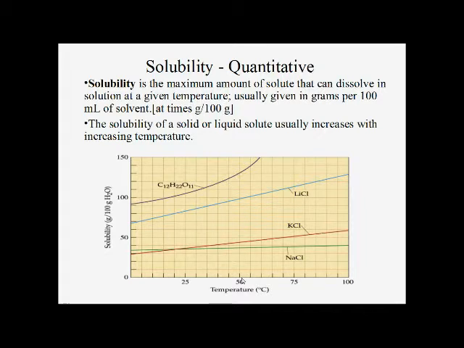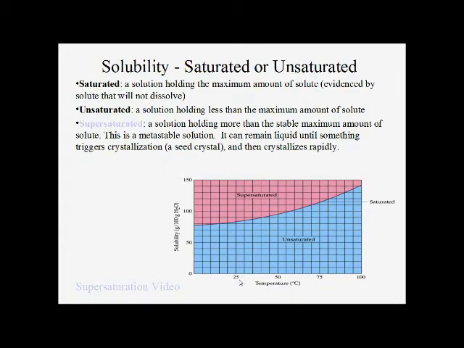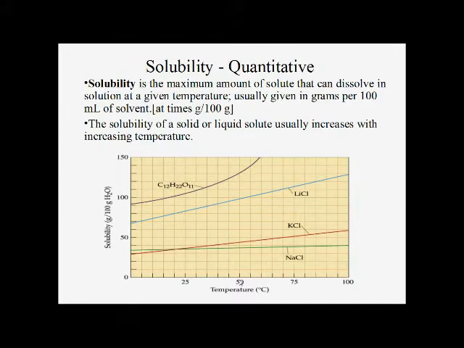So for solubility of sucrose in water at 50 degrees, solubility of sucrose would be 130 grams of sucrose per 100 grams of water. So it can be a very concentrated solution.